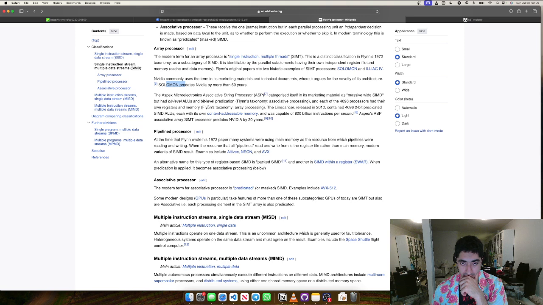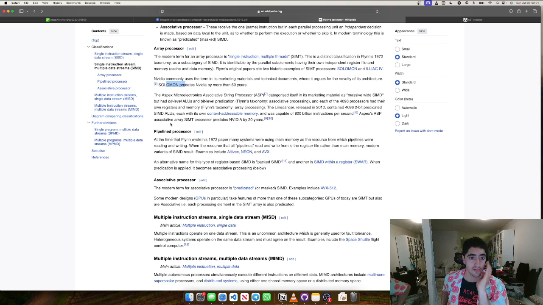Flynn's taxonomy, array processing: the LineDancer, released in 2010, contained 4096 2-bit predicated SIMD ALUs, each with its own content addressable memory, and was capable of 800 billion instructions per second. Wow. The LineDancer.